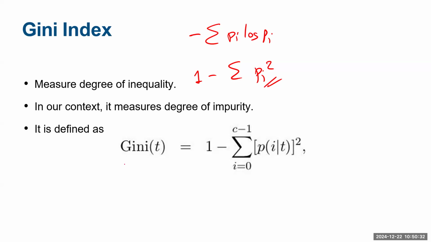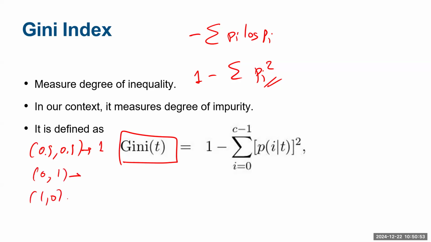So let's see the values we used to have for the entropy. When we have 0.5, 0.5, the entropy would be 1, right? If it's 0, 1 or 1, 0, the entropy would be 0. So this is the case for entropy.